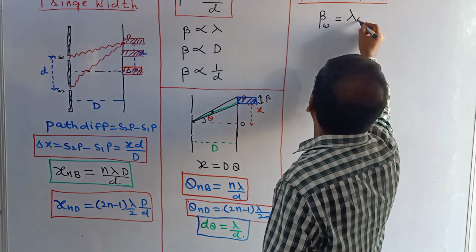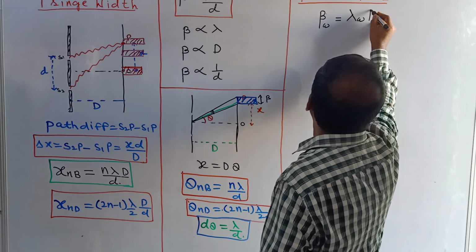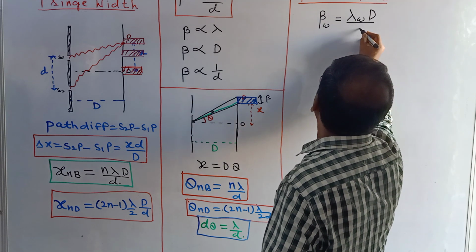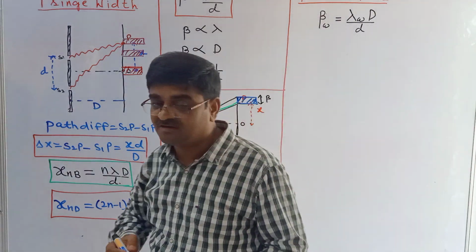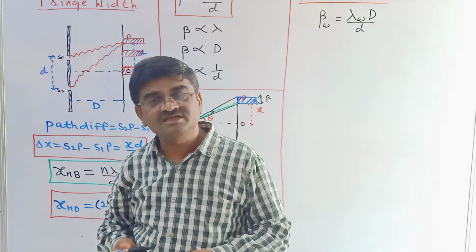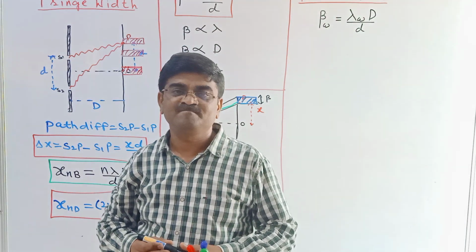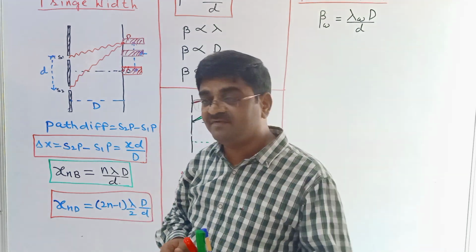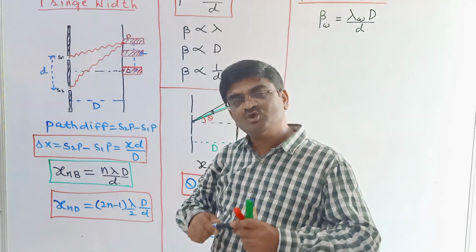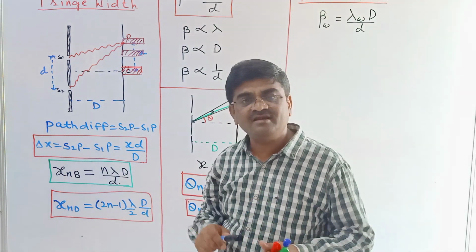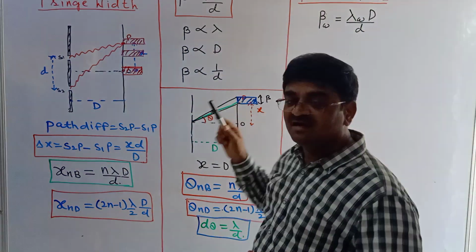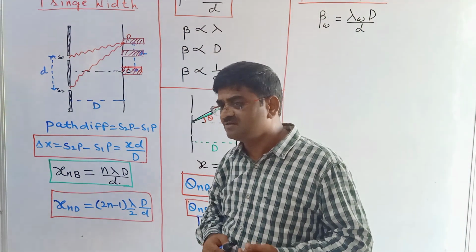Wavelength of light in water into D, which is not changing, by small d, which is not changing. What has changed? Only the wavelength. Now that change in wavelength, can that new wavelength be related to the earlier wavelength? Yes, of course.